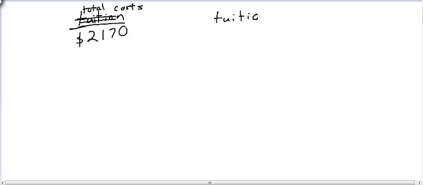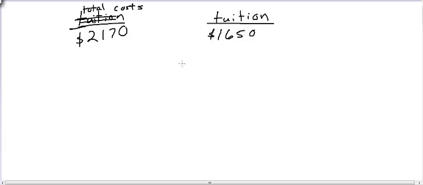So total costs, I think, is a better way of phrasing this, is $2,170, where tuition is going to be $1,650.